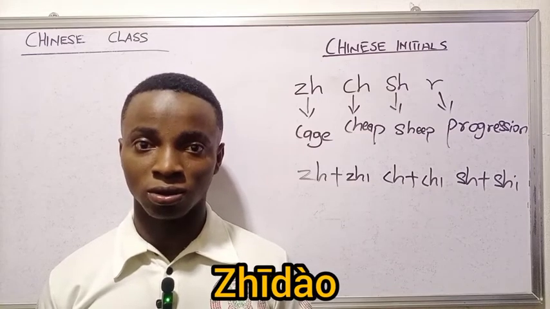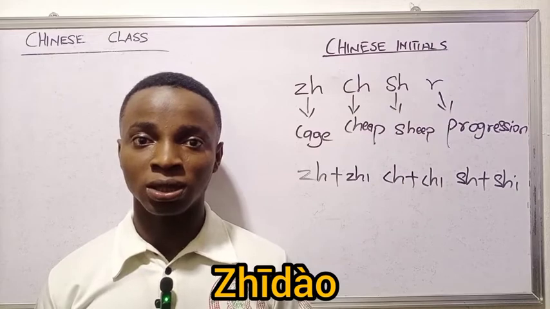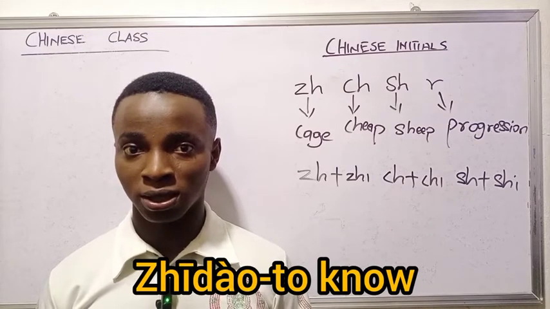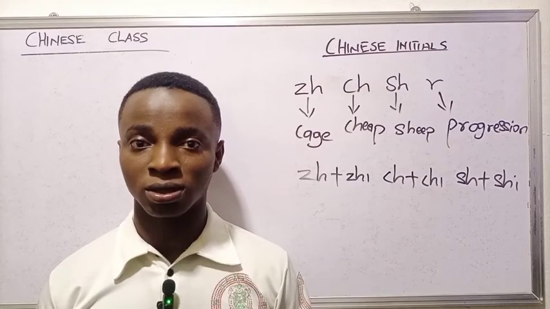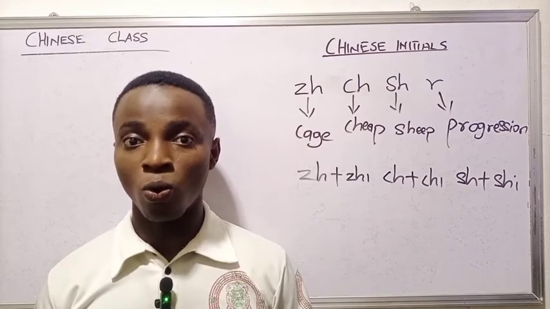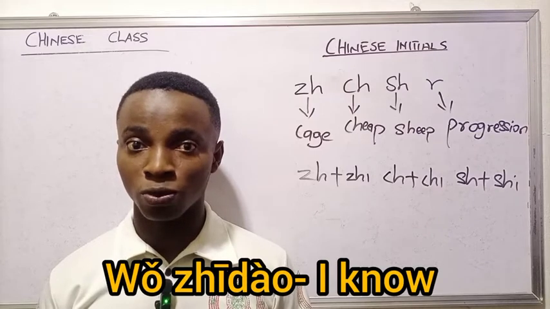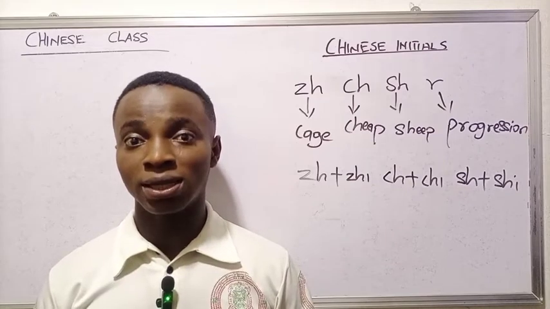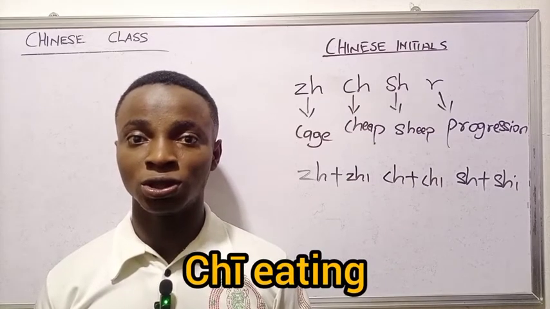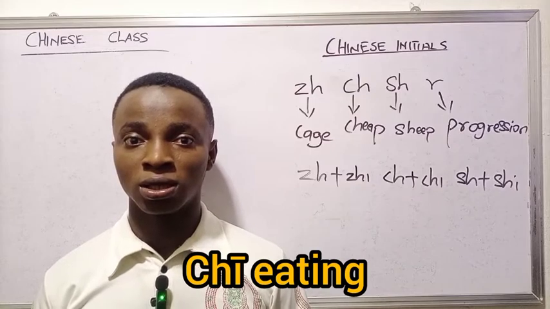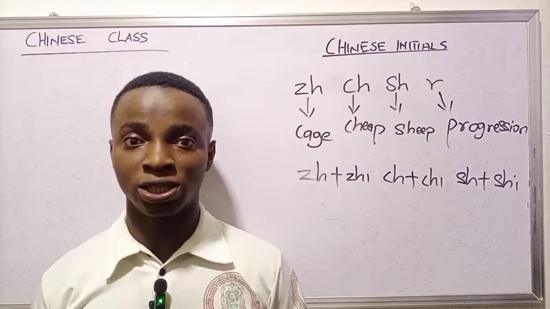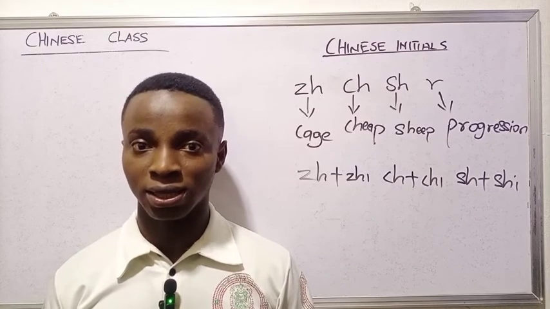Let's learn another new word. 知道. Repeat after me. 知道. It means to know something, to know about something. So I can say 我知道, meaning I know. 我 means I. Then the next word is 吃. Repeat after me. 吃. Here, 吃 literally means to eat.